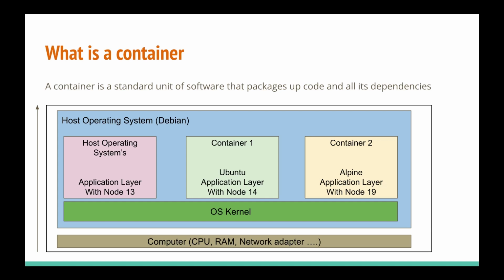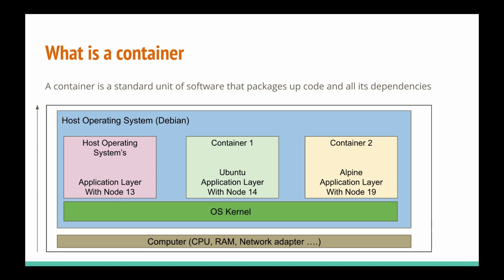It's a Linux operating system. This Debian operating system has its own OS kernel, the Linux kernel, which is shared between all Linux distributions, and the Debian operating system has its own application layer, the Debian application layer, and we can install Node 13 on this application layer.